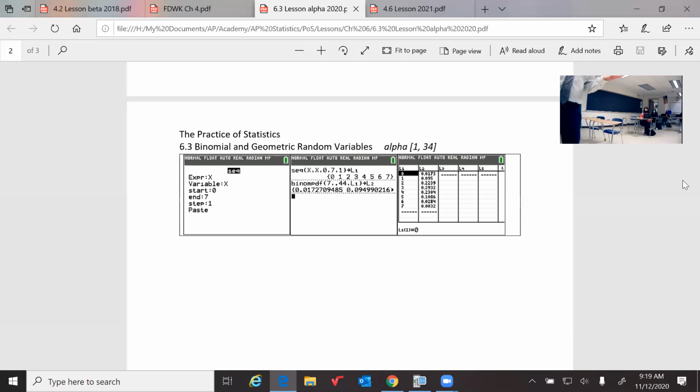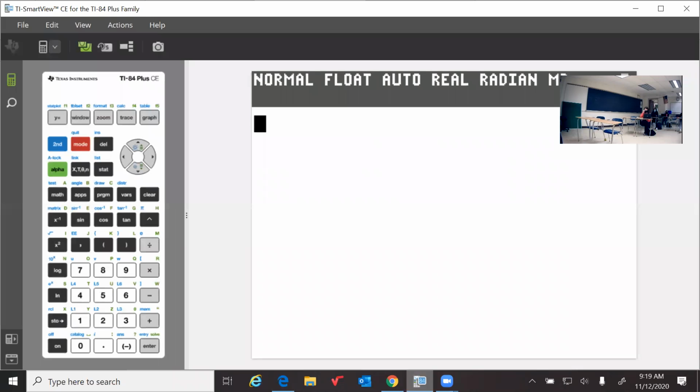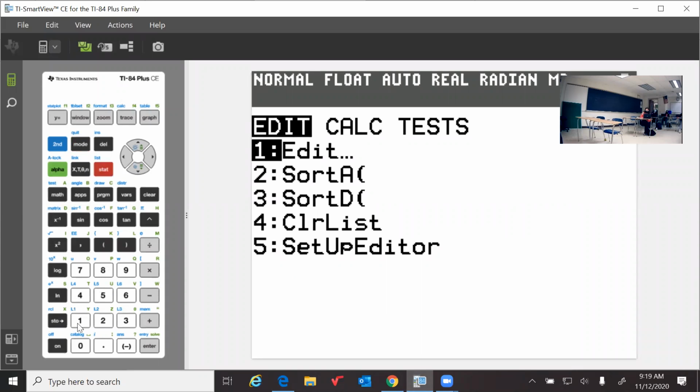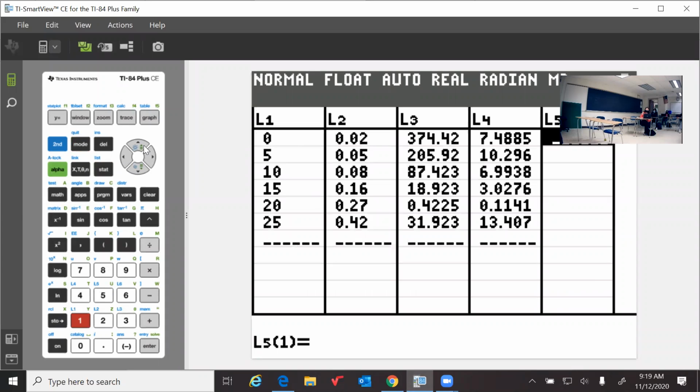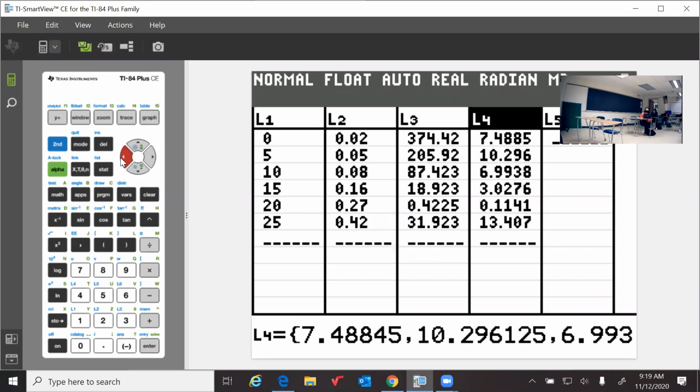So a couple things on shortcuts. Take out your calculator, and we're going to go to, and take this stuff out of here.